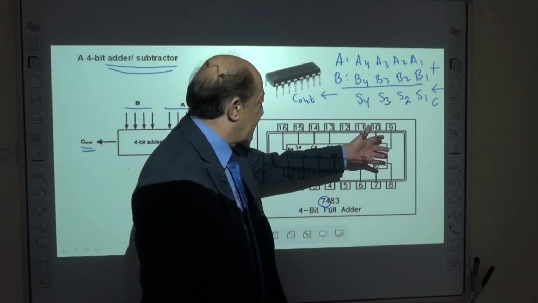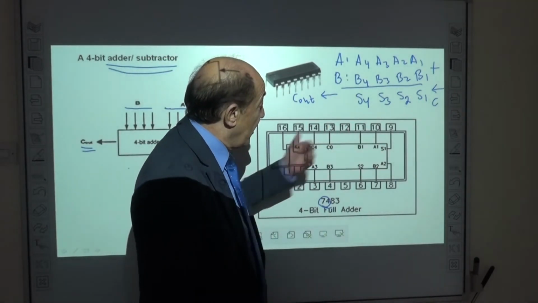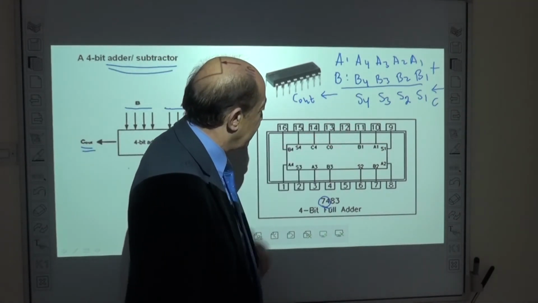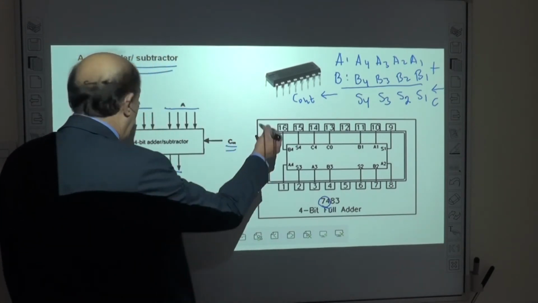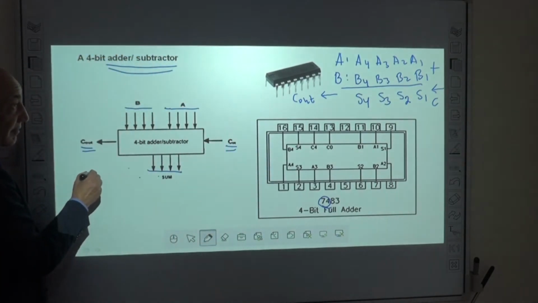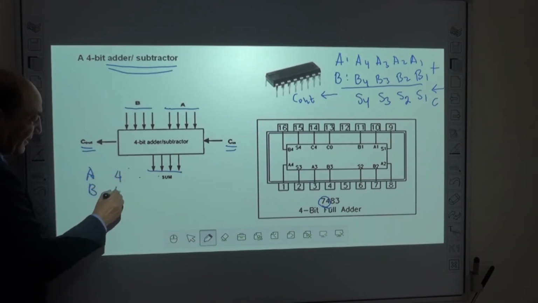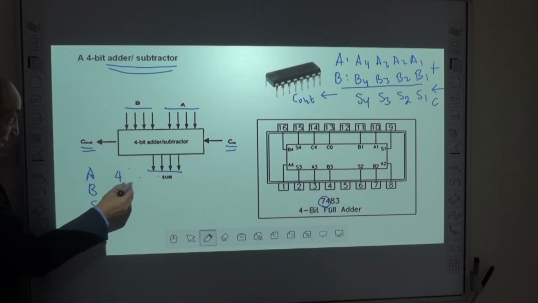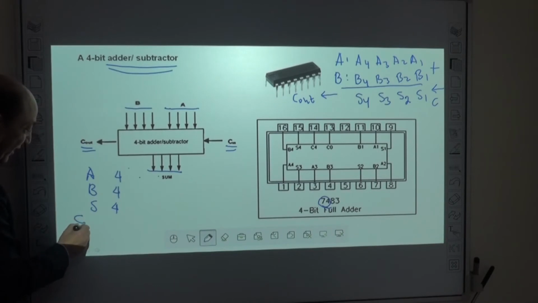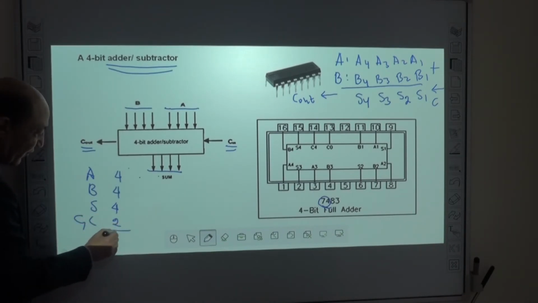So as you see, we have 16 pins, 4 pins A, 4 pins B, 4 pins for the sum, 4 pins, carry control signal or carry in and carry out, 2 pins. This is 14.